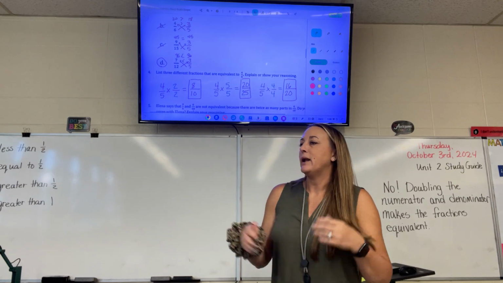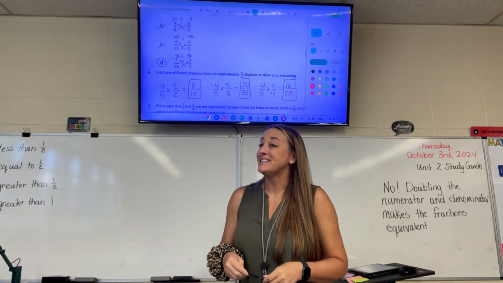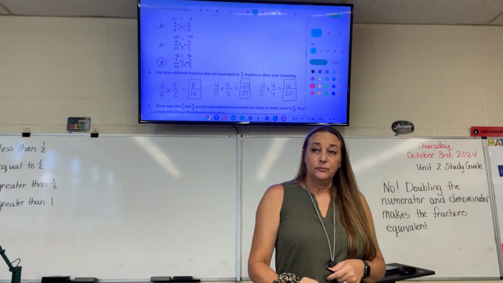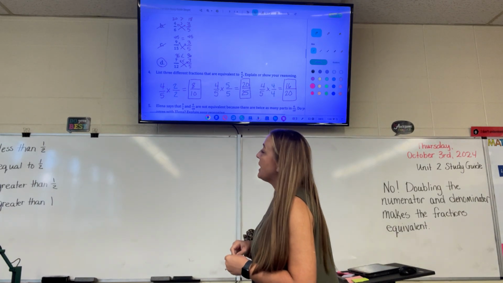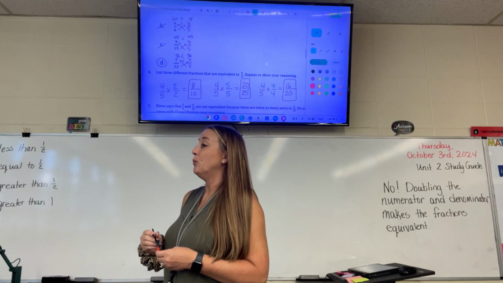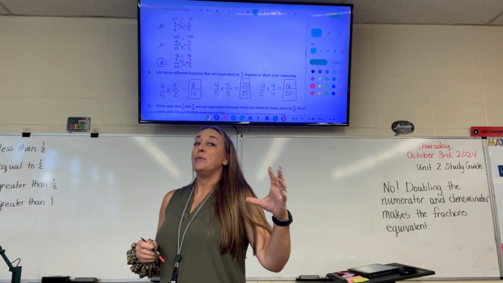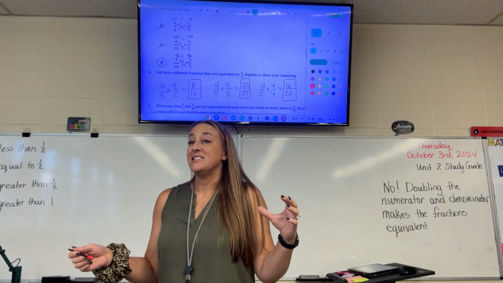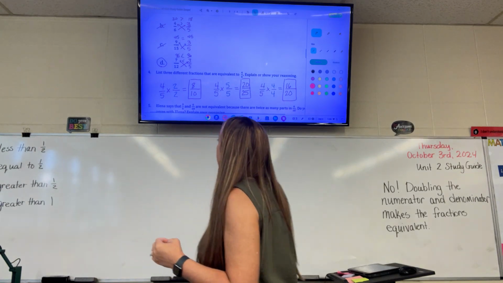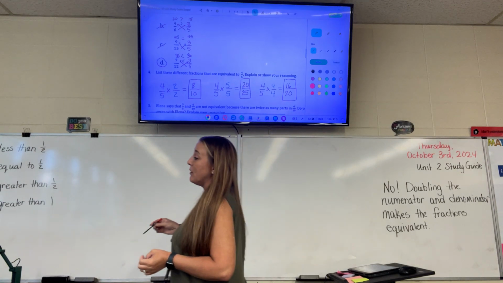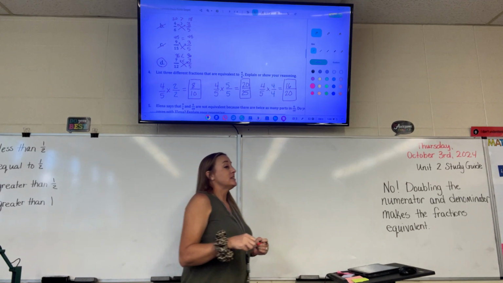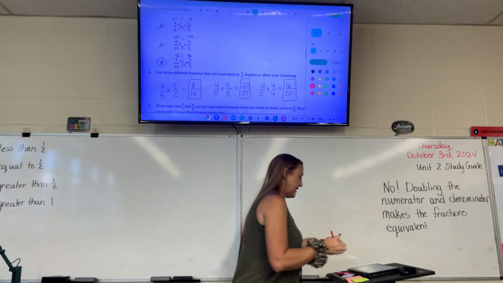You can do whatever numbers you want except 1 and 0. Because if you multiply 4/5 times 1 over 1, it'll be 4/5, and 4/5 is not equivalent to 4/5. It's the same. And if you multiply by 0 over 0, you'll get 0 over 0, which is not equivalent to 4/5. Okay.